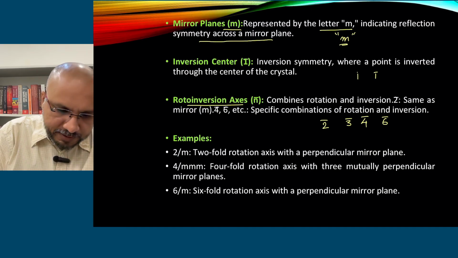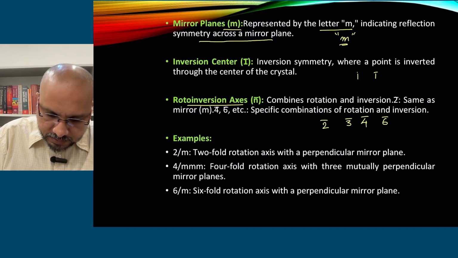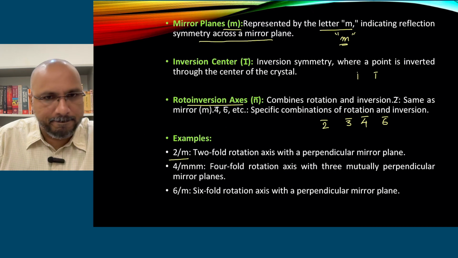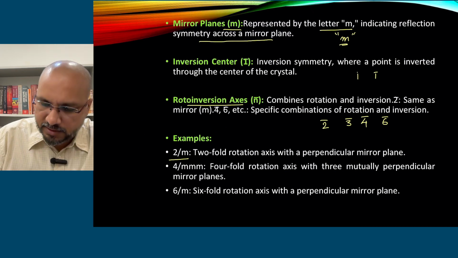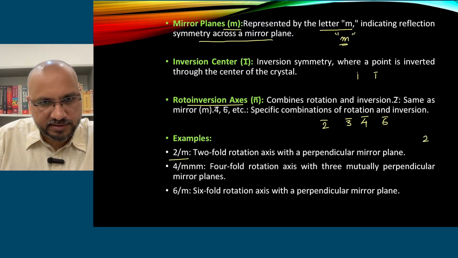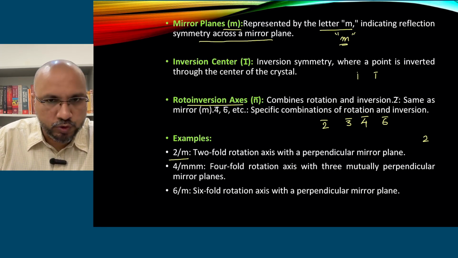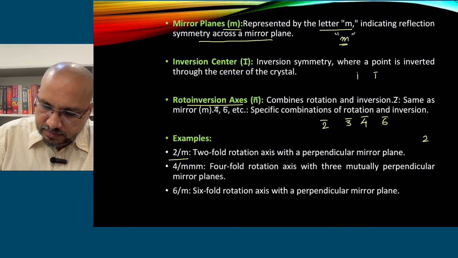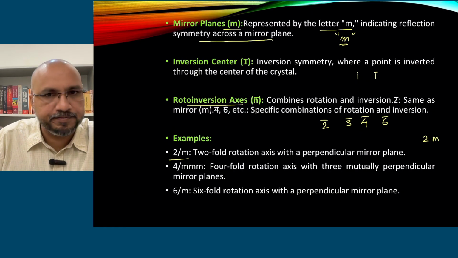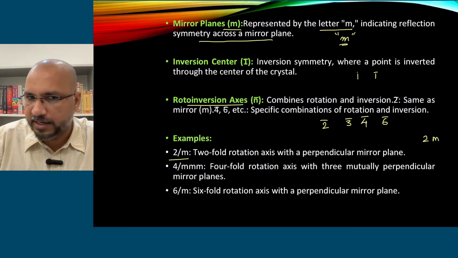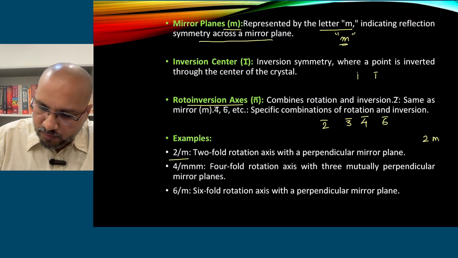Now for example, 2 slash m, what does it represent? It has a two-fold rotation axis, because rotation axes are represented by whole numbers, and it has a mirror plane, so you write m. Now what does this slash mean?